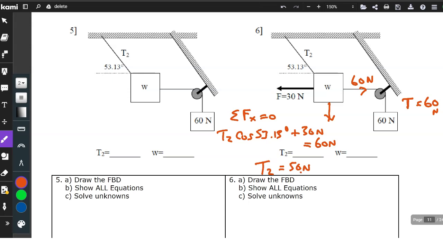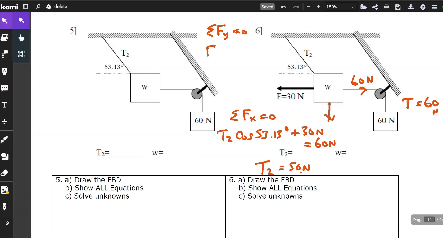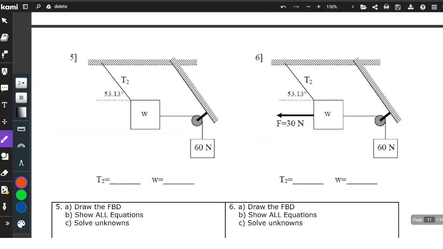Put the decimal there. Now we can actually find W, because also the sum of the forces in the y direction equals 0. Let me clean it up. So we want to get now W, and we do know there's one up force, that's the vertical component of T2.